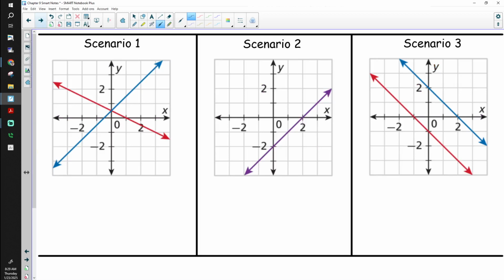Right below, do you see how we have 3 possibilities? When we solve this problem, there are 3 possible scenarios. These are the only 3 things that can happen. It will always be one of these 3. Scenario 1 is the most common. Do you see our 2 lines? And do we see that they intersect? See them intersecting right here?